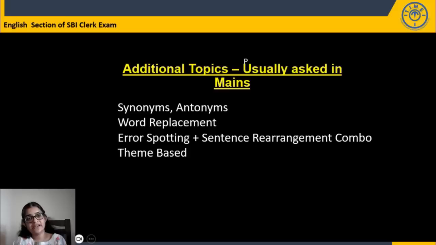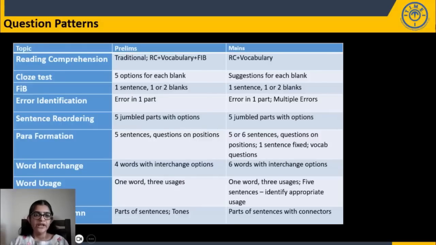You have to identify which of these passages accurately reflects the given theme. Okay, so this involves multiple skills. It involves reading comprehension, it involves logical reasoning, it also involves critical thinking or critical reasoning.